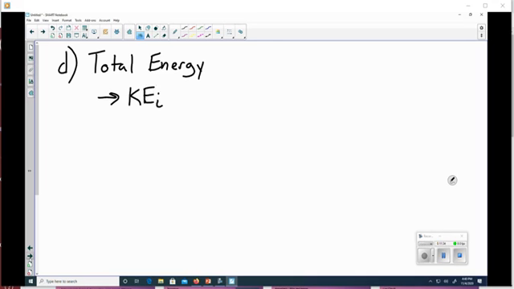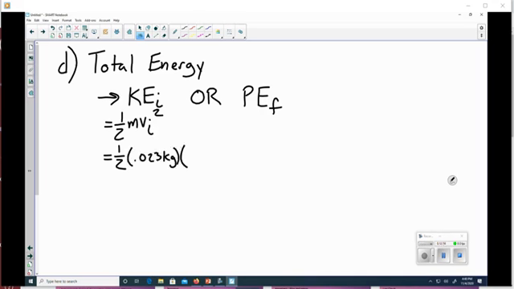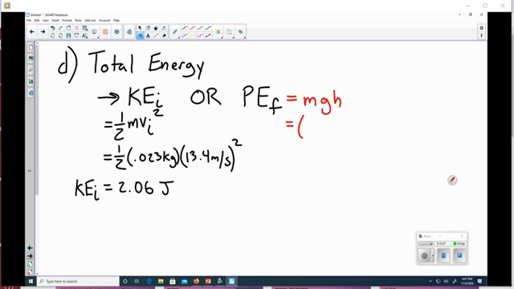And so the total energy of the system will be the initial kinetic energy. And if we calculate that, you find the initial kinetic energy is 2.06 joules.